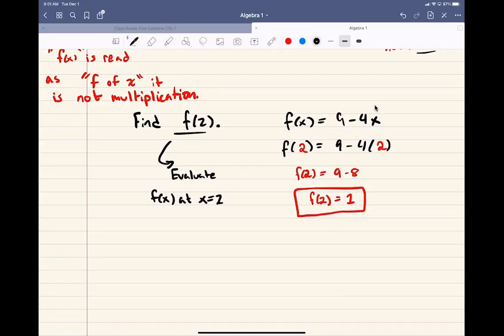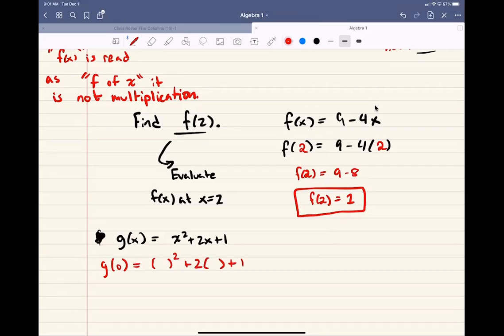You might get some functions that look like this, and I'm going to write g of x because we're going to use a different function. You might get something like x squared plus 2x plus 1. If they say find g of 0, I'm going to use 0 for an easy number, what that means is wherever our x is, you're going to put parentheses.